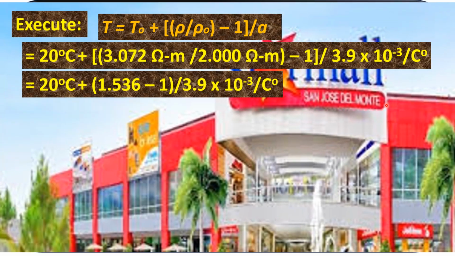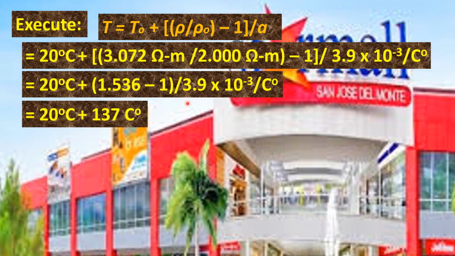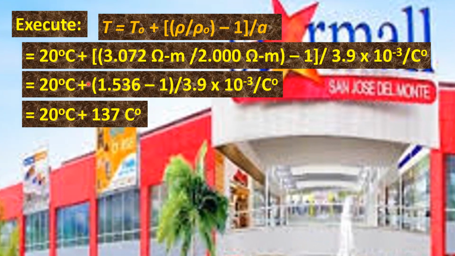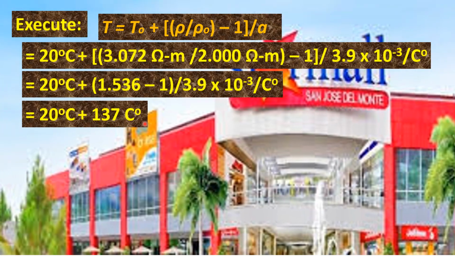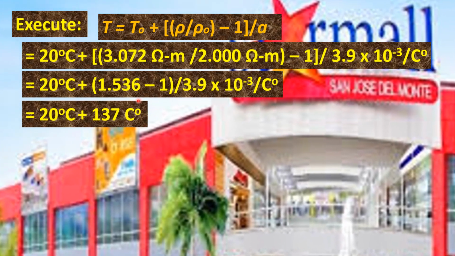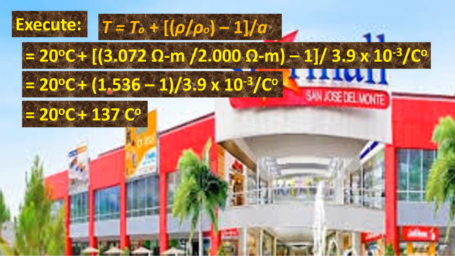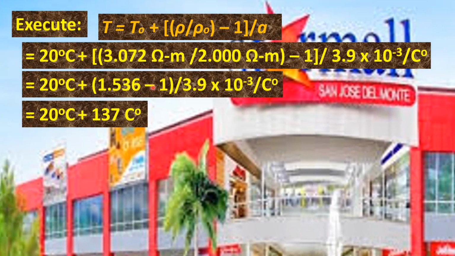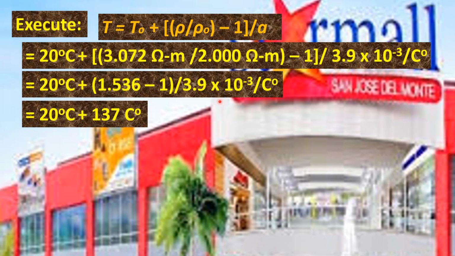Simplifying further, we get the value of T naught, which is 20 degrees Celsius, plus 137 Celsius degree. That's the result of getting the difference between 1.536 and 1, then dividing that by 3.9 times 10 to the negative 3 per Celsius degree.